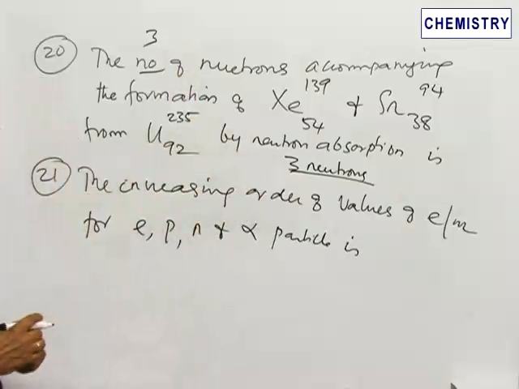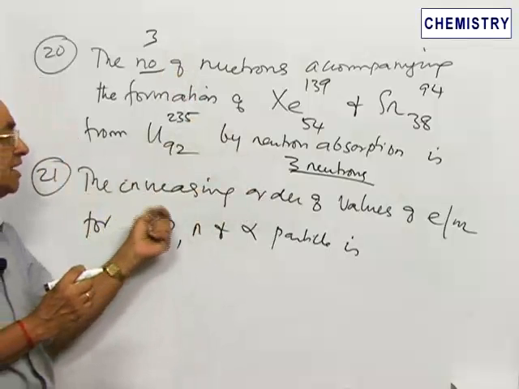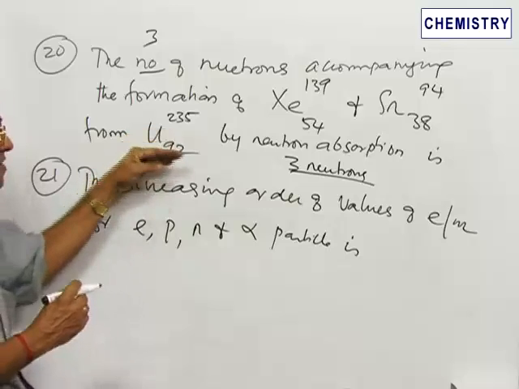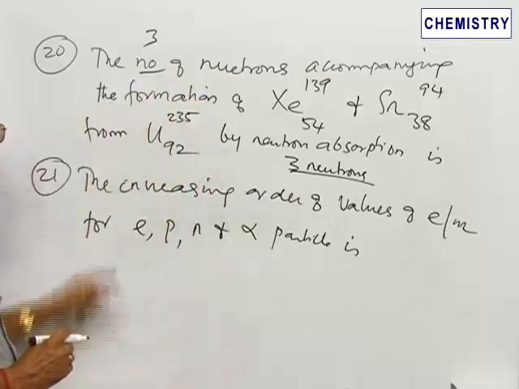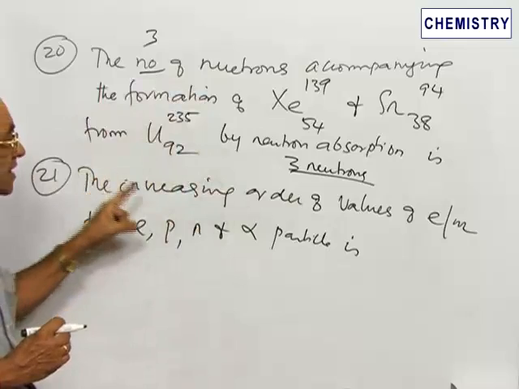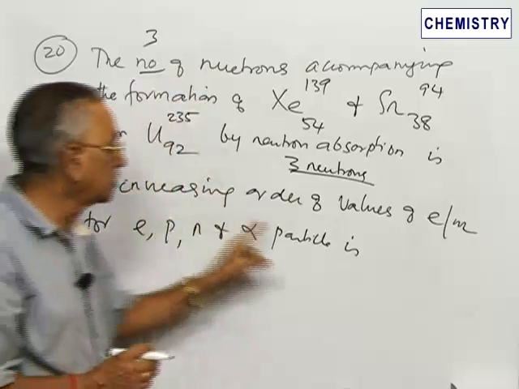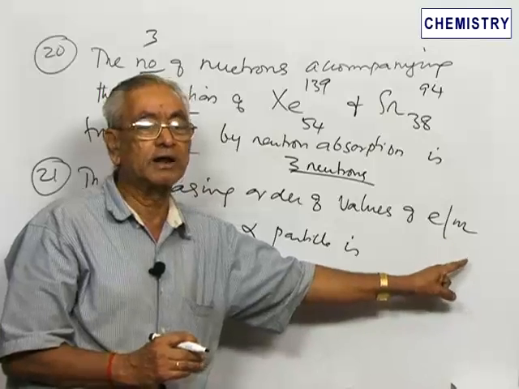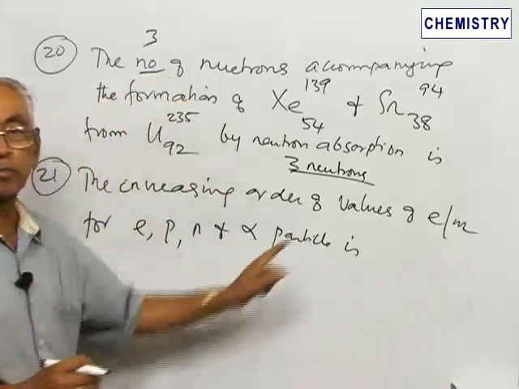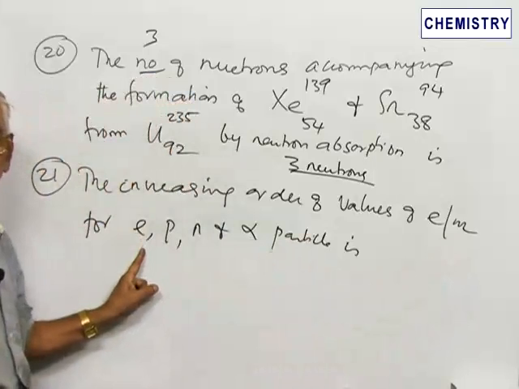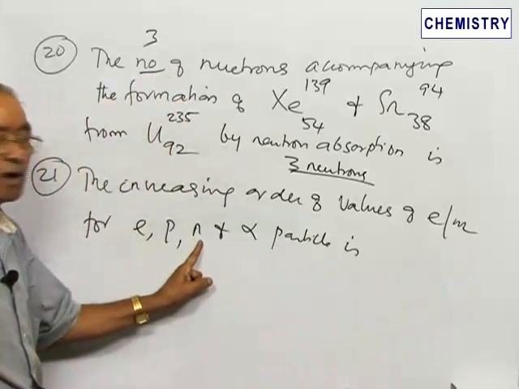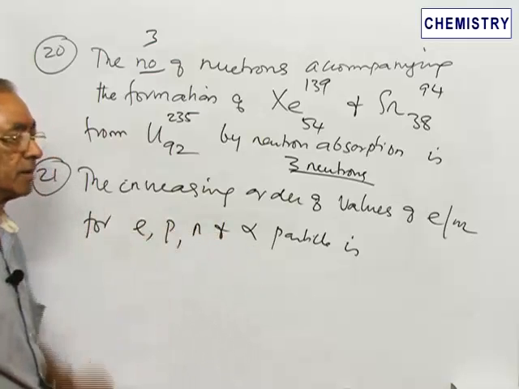The next question is not as straightforward as the earlier one. In this question, we have to arrange in increasing order the values of charge by mass, e by m, of these 4 particles: E stands for electrons, P for protons, N for neutrons, and the alpha particle.